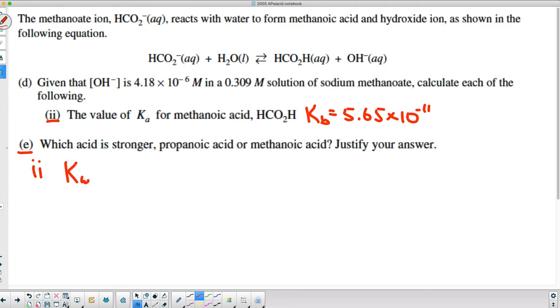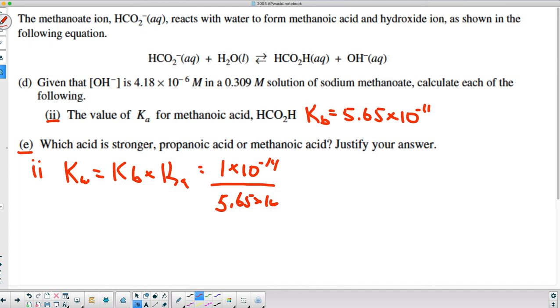I know that Kw equals Kb times Ka. You can check that out. I know that 1 times 10 to the negative 14th is Kw. So I'm going to take the Kw divided by Kb, which is 5.65 times 10 to the negative 11, and whatever that equals should be Ka.